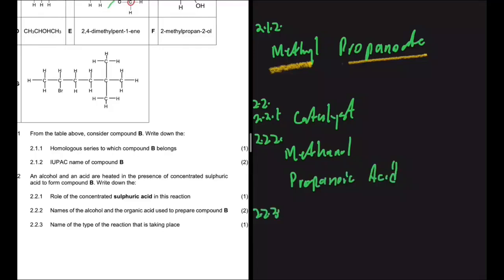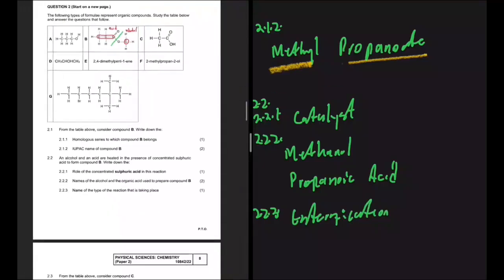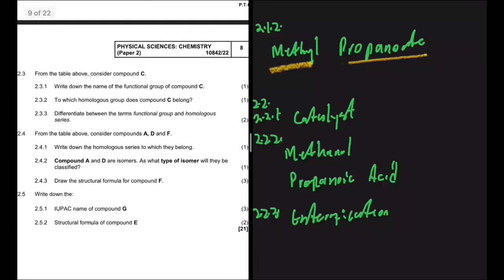Obviously the name of the reaction that is taking place is esterification. And other books will say condensation, which is also correct. I see that option time after time in memos.